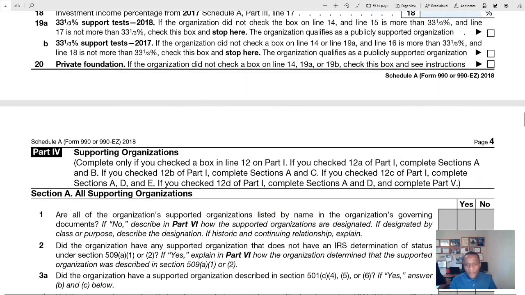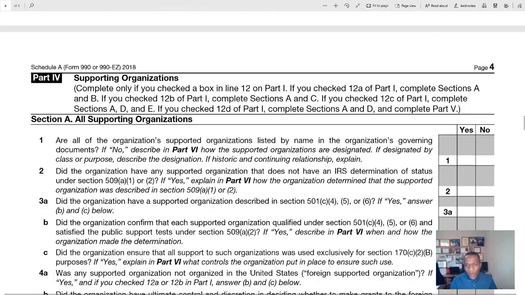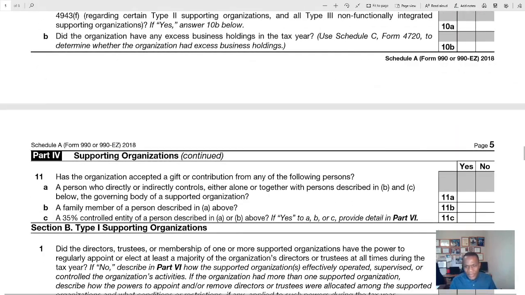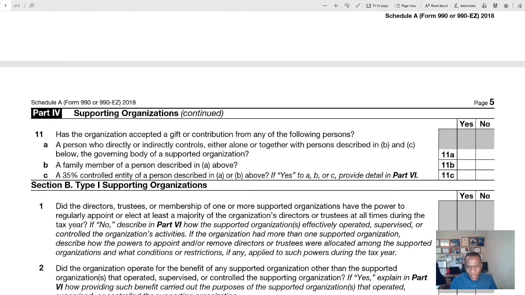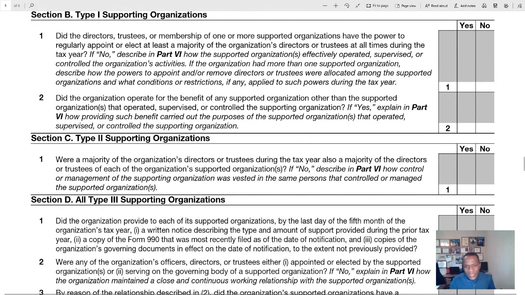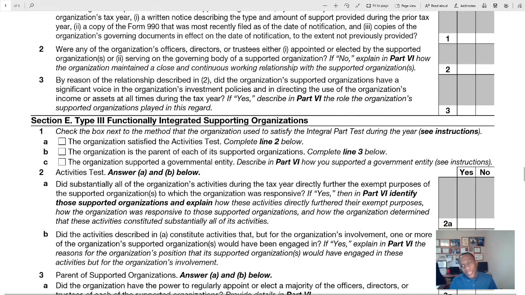Part 4 is supporting organizations. What organization supports you, and all supporting organizations; you'll go through all of these questions and check yes or no to indicate the answer applicable to your organization. Part 4 continues with Section B, Type 1 supporting organizations, Section C, Type 2 supporting organizations, and Section D, all Type 3 supporting organizations.